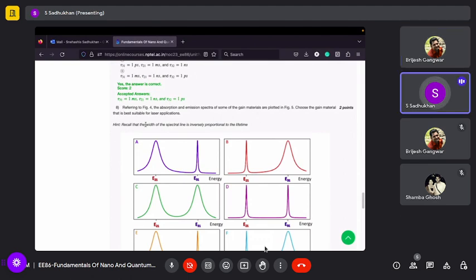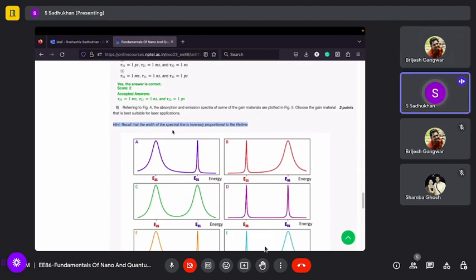Yeah, that I can understand, but as you can see, the hint that has been given here. They give the hint because you just have to find tau 31 and tau 21, 1 nanosecond and 1 millisecond.